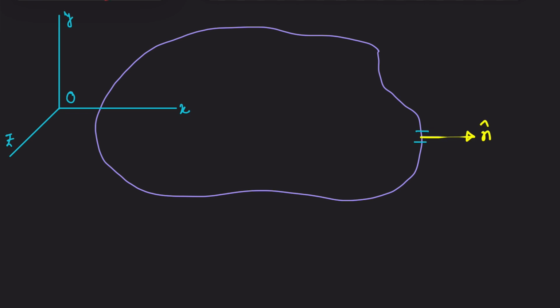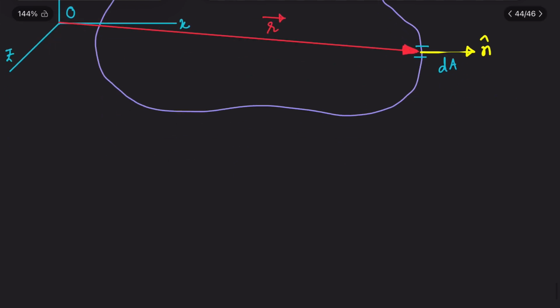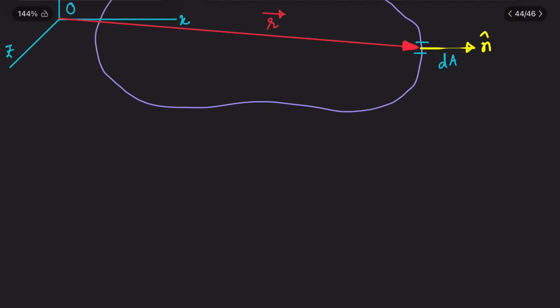Now we can draw a position vector r. As engineers we need to know the temperature and the heat flux there.